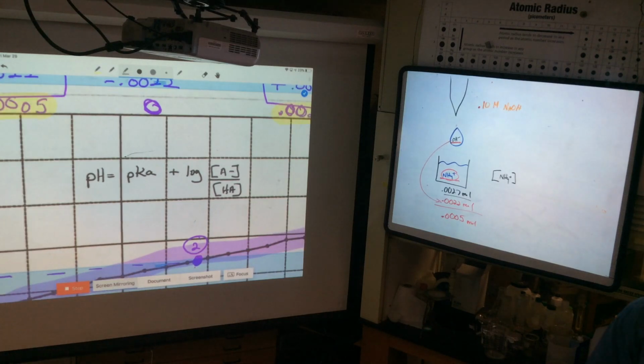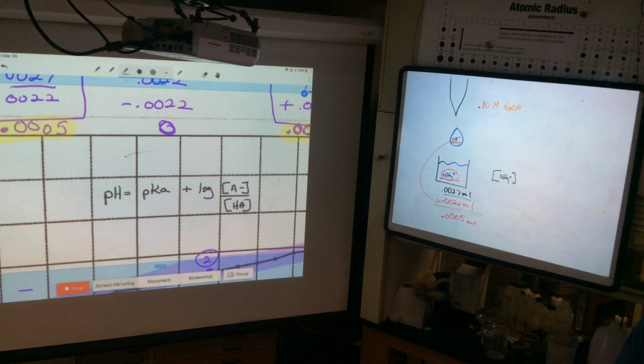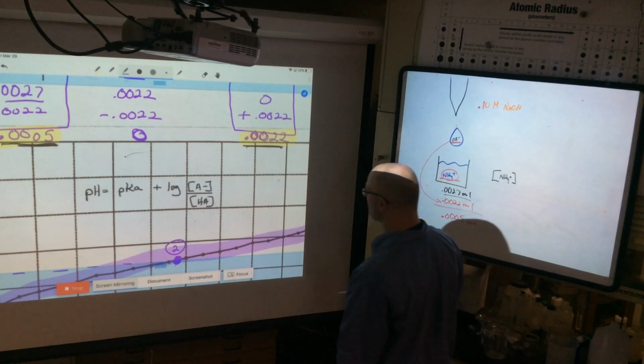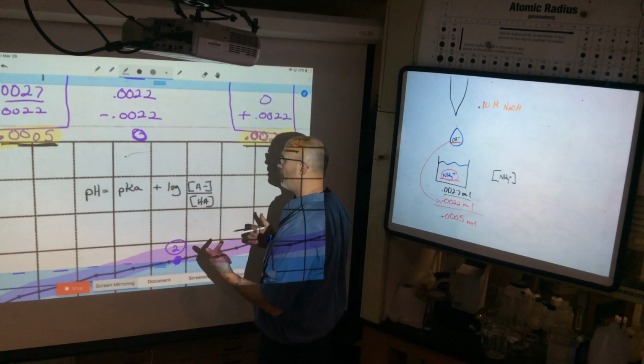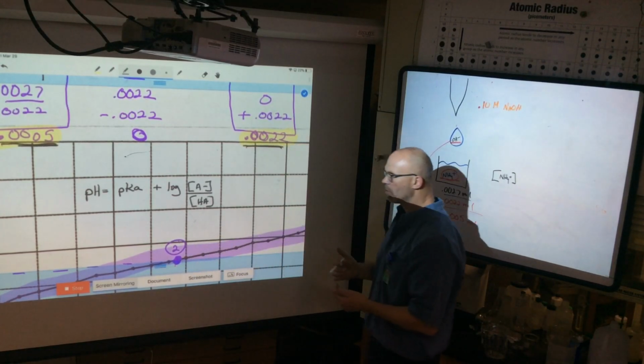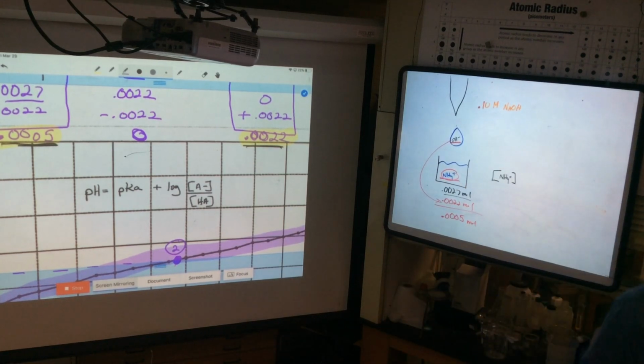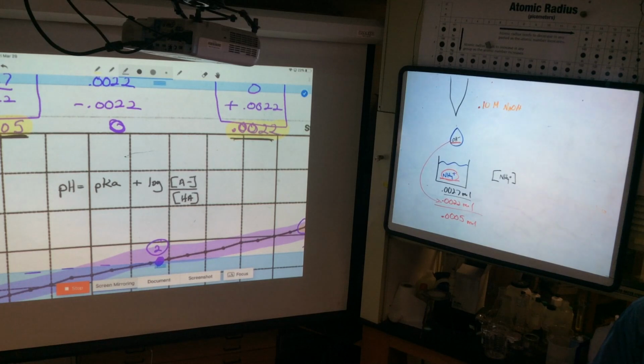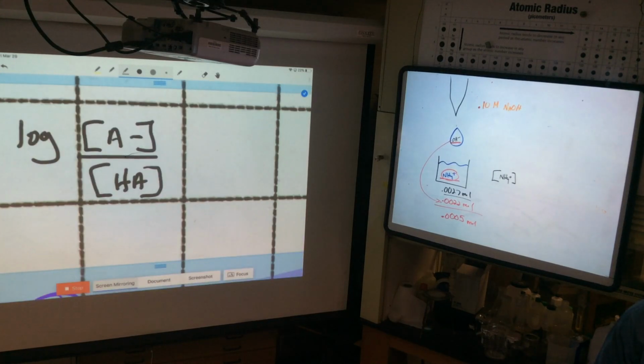Now a little trick here is that, well, Mr. Grodsky, you just solved for moles. Don't I have to go to molarity? Well, I could, but I would have to get the molarity of those at equilibrium, and I'd have to do an equilibrium problem. So the fast thing to do here is to just use the moles. Why can I do that? Because this bracket represents molarity.